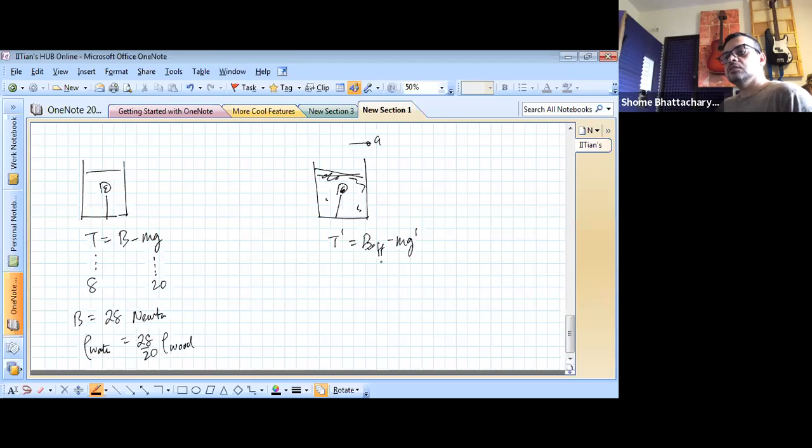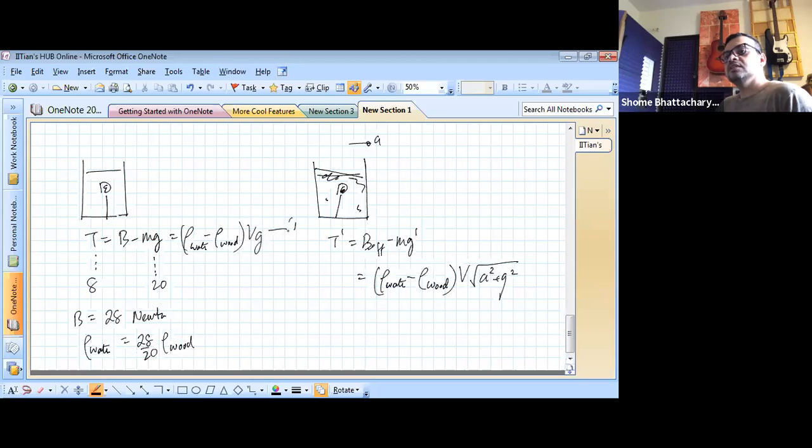So here the effective buoyant force will be density of water minus density of wood times the volume into root of a square plus g square. Whereas here this was equal to density of water minus density of wood into V into g.